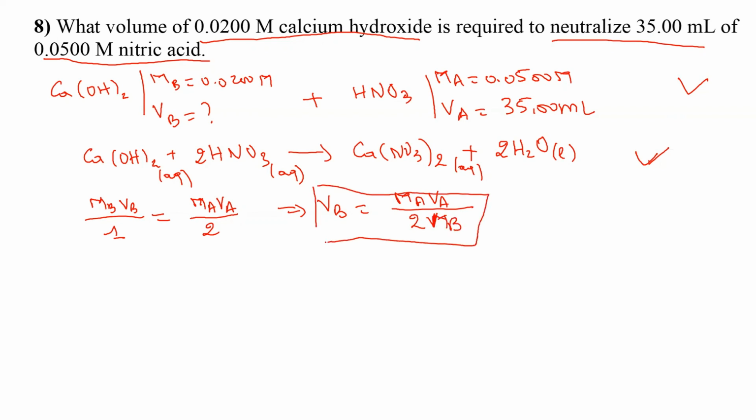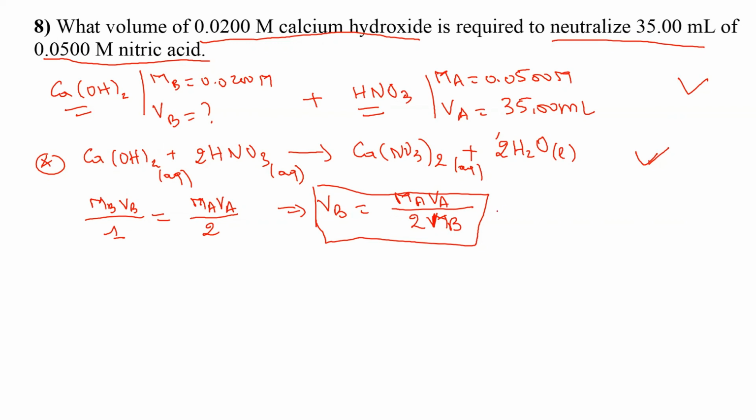So if you don't write the chemical equation, this factor 2 will be missed. Okay, so it's good to get the setup of what you have, know that this is the base, this is the acid, then you write the chemical equation, you balance it. And then from the balanced equation, you know that at the neutralization point, the number of moles of the base divided by 1 should be equal to the number of moles of the acid divided by 2. Then you can deduce the unknown that you have.